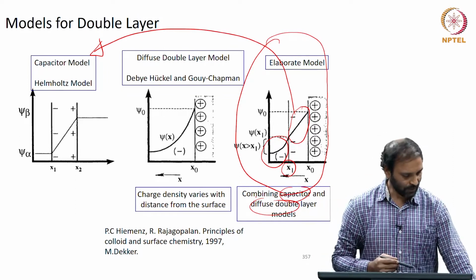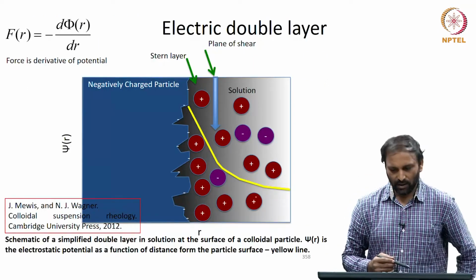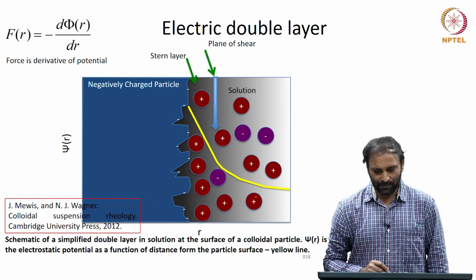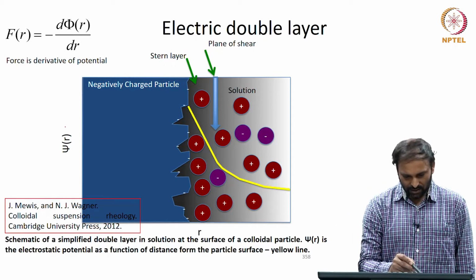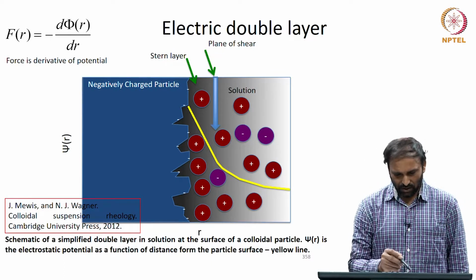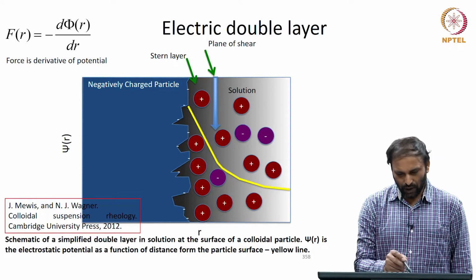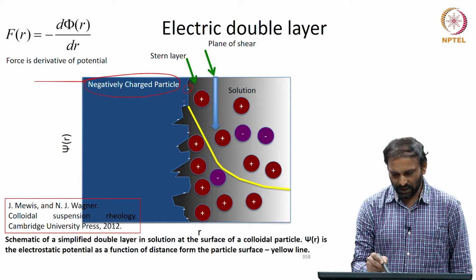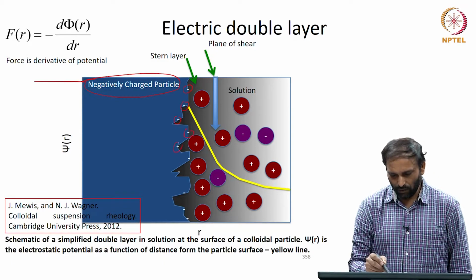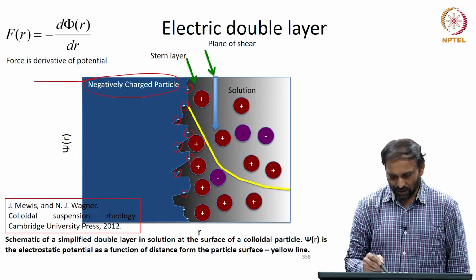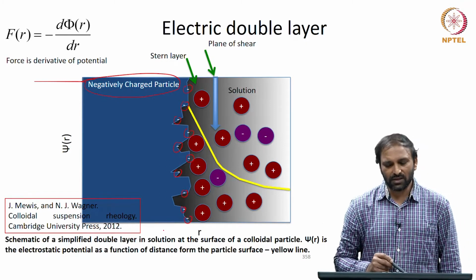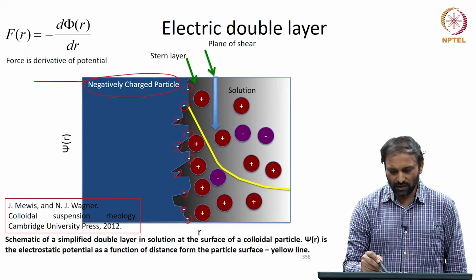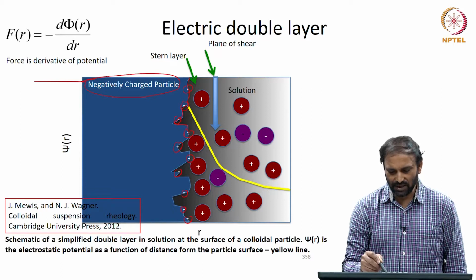Okay. So with that, we will talk in a little more detail about the electrical double layer itself. There's a schematic here in which you have a negatively charged particle, and these are the negative charges represented on the particle surface. As you can see, it's a real surface, therefore it exhibits these undulations.